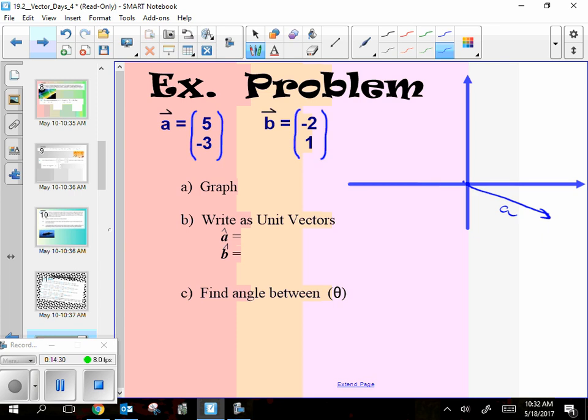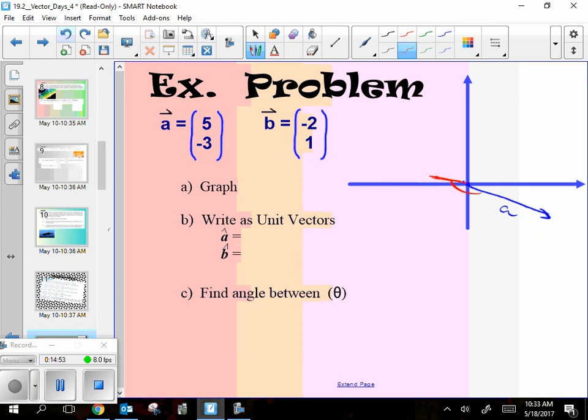And vector b is negative 2, 1. Now, again, it's hard to get perspective. Just know that this is not a straight line. I wish these had a better, bigger angle between them, but there is some angle right there.